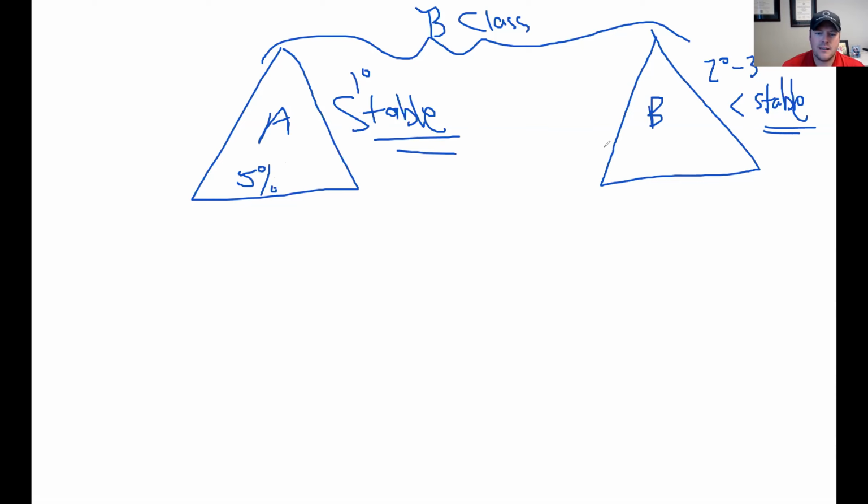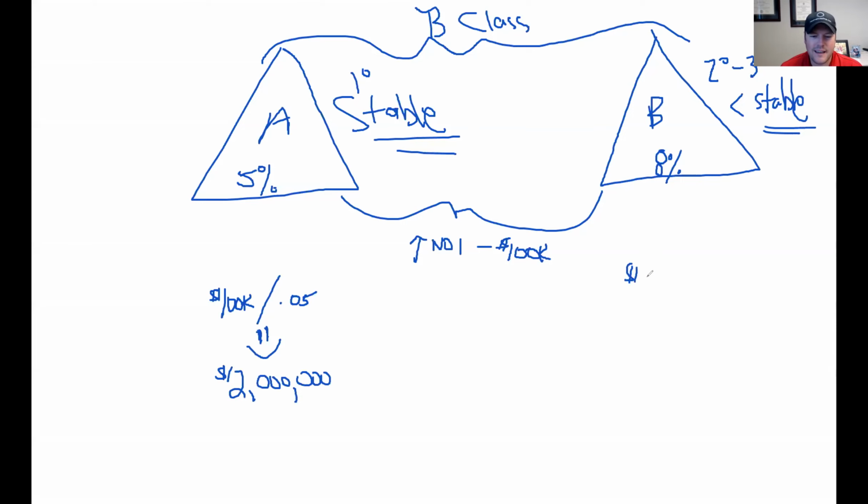This is going to equal $2 million. You can do the math in your head or on a calculator. I'm a human calculator, so I don't need to. I just know these numbers.